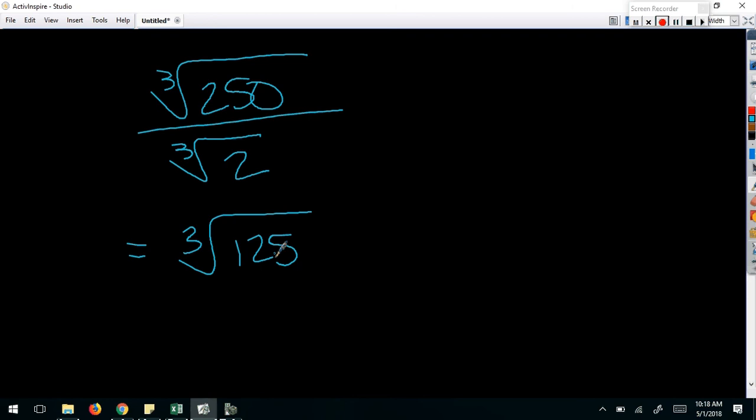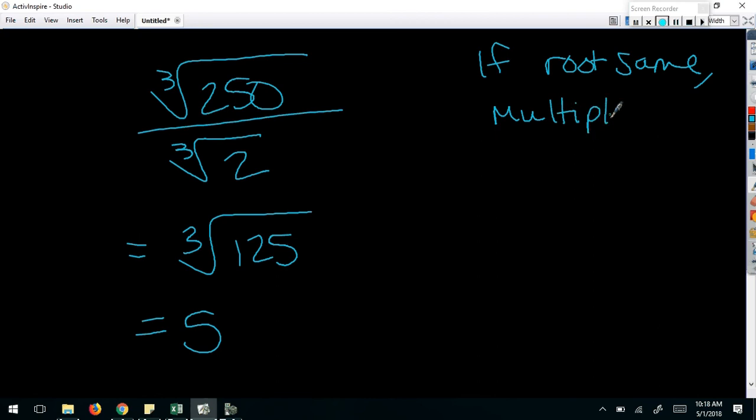Can I simplify that? Sure. If the root is the same, you can multiply or divide your bases. But the root has to be the same. You can combine them, but only when the root is the same.